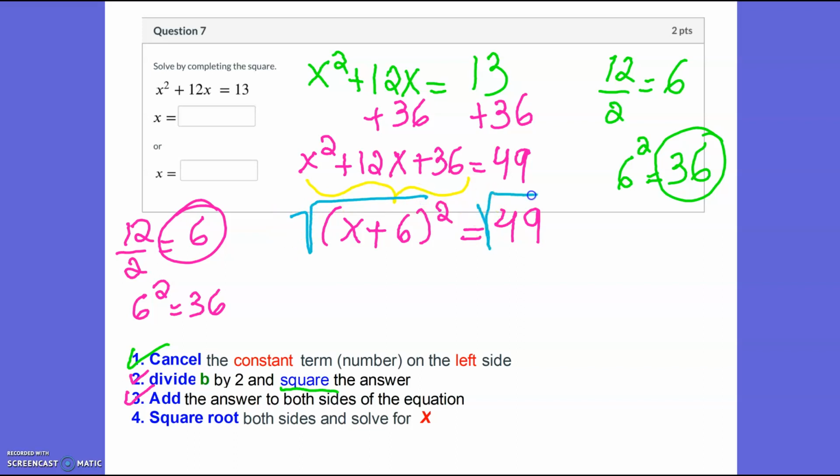So now I can do the square root of both sides. So I know that x plus 6 equals, what is the square root of 49? It's plus or minus 7. So now I'm going to set up two equations. x plus 6 equals 7, and x plus 6 equals negative 7.